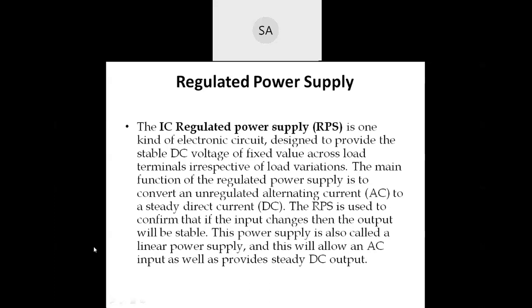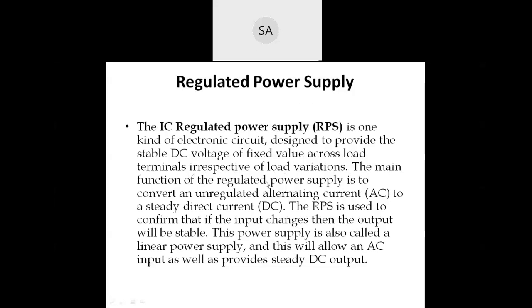This IC regulated power supply is one kind of electronic circuit designed to provide a stable DC voltage of fixed value across the load terminals irrespective of the load variation.